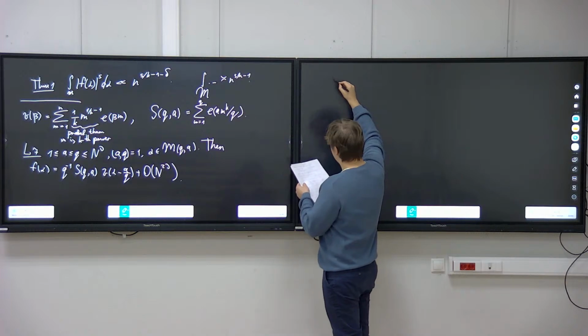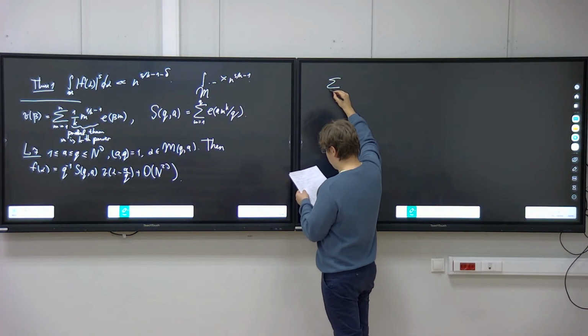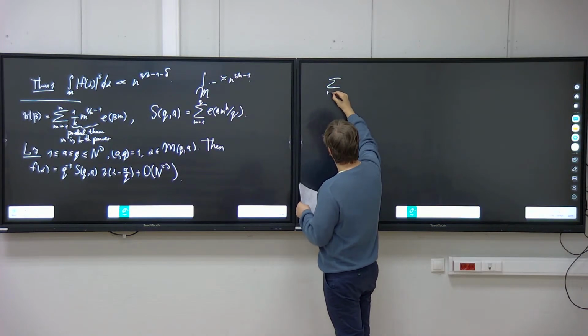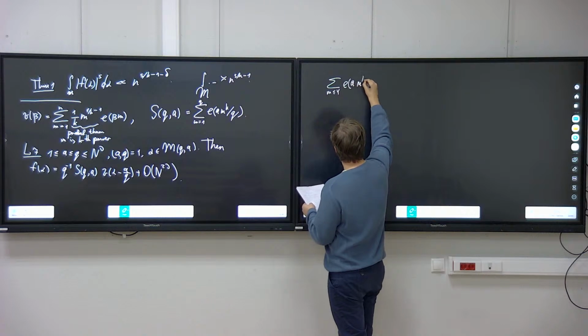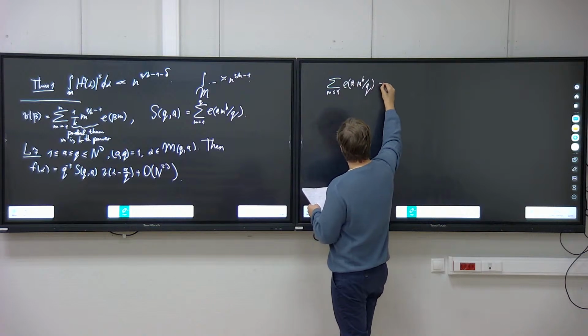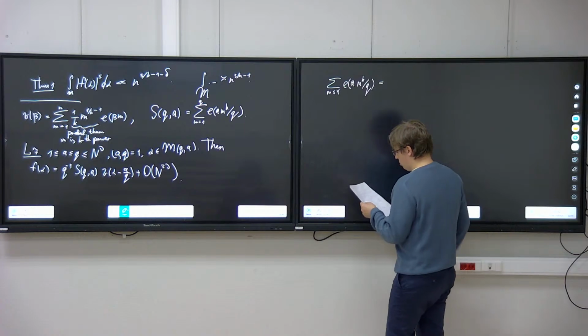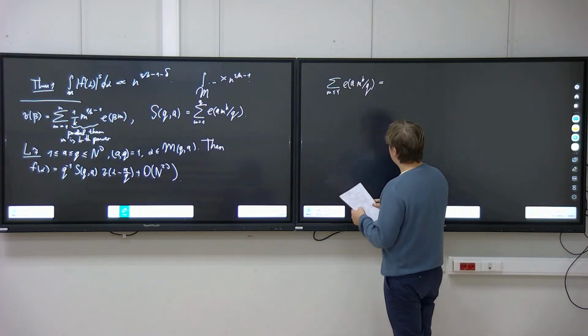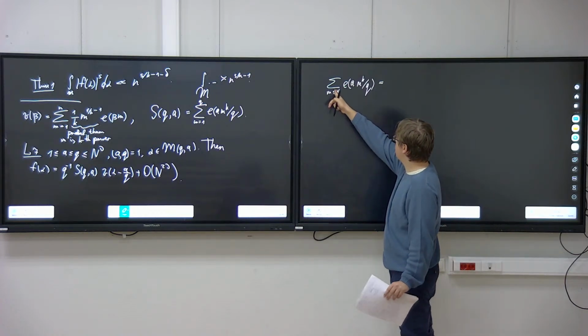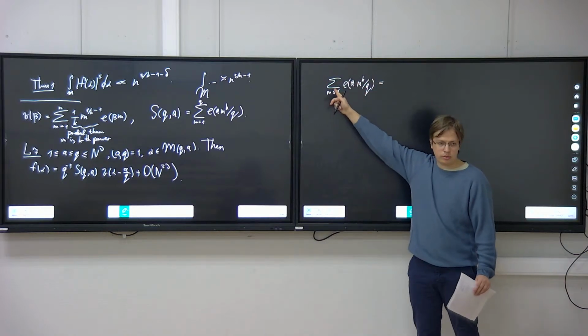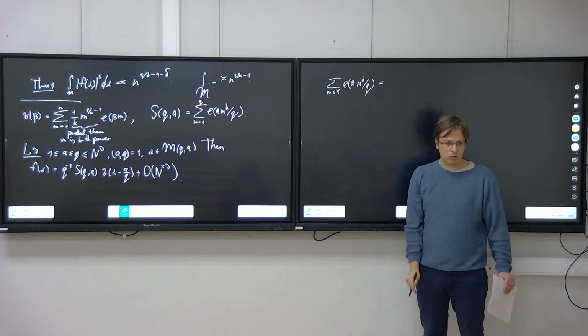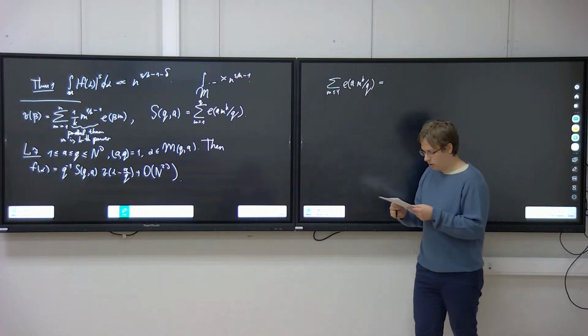So first, let us note what such a sum is. If y is bigger than q, you see these terms are periodic, of course, with period q at least.